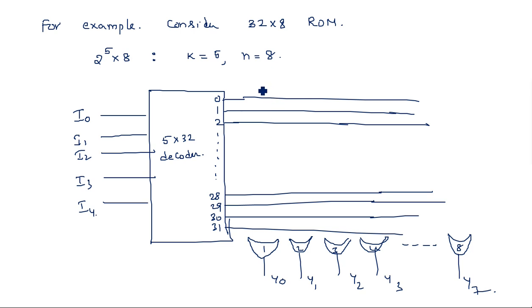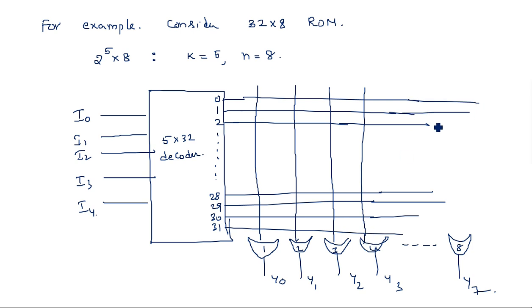Now we have to draw a vertical line. This is the connection that gives the output of the decoder to the overall outputs y0, y1, y2, y3, like that. Okay, this is the line.